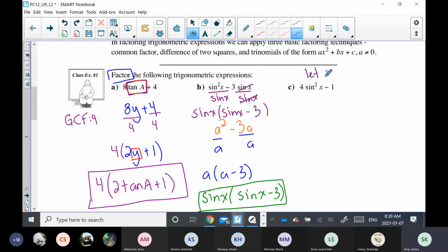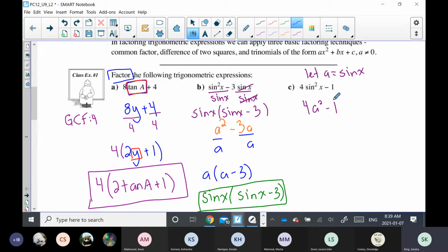Let's do the same thing though with the letter. So let a equal sine of x. That's the variable I'm going to put in, the variable of a. So that would be 4a squared minus 1. If you saw this in 10C, and I said, okay, how would you factor this?